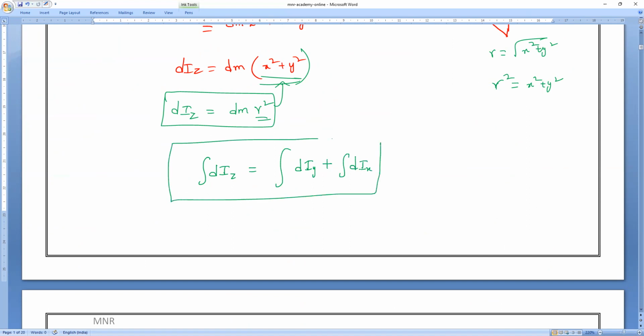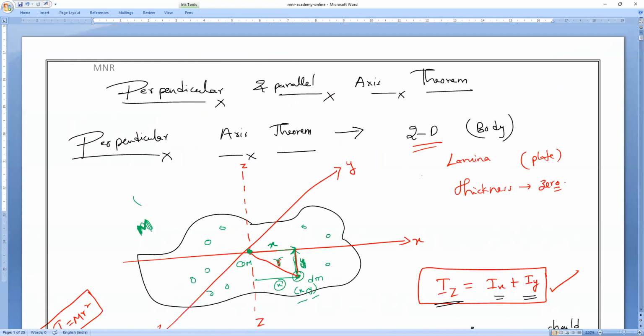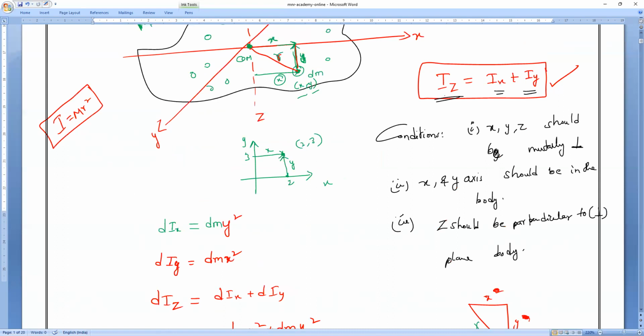If you do this, you will get the total moment of inertia about the perpendicular axis. So this is the perpendicular axis theorem. For finding the total, we will use this formula. Perpendicular axis theorem means the moment of inertia in the z-axis is equal to the sum of the moments of inertia in the x-axis plus the y-axis.